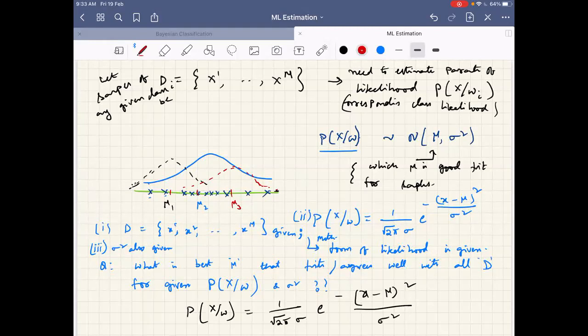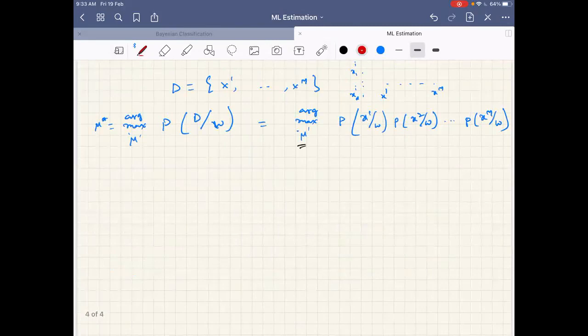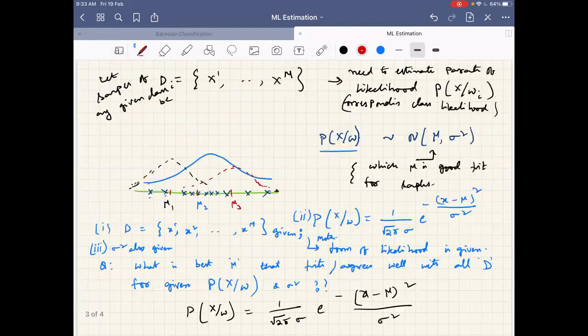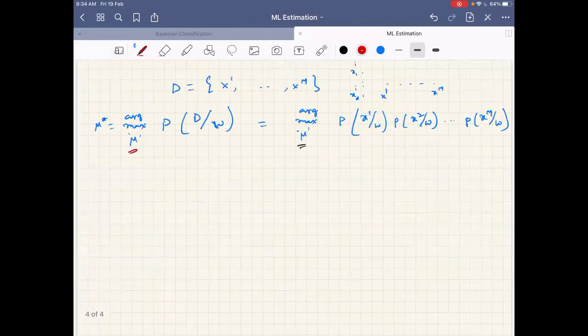That is ensured by maximizing P of D given omega with respect to different possibilities of mu. Among different possibilities, whichever mu maximizes this, the match between the sample distribution and the Gaussian defined by that mu is the correct mu. Do you agree or not?